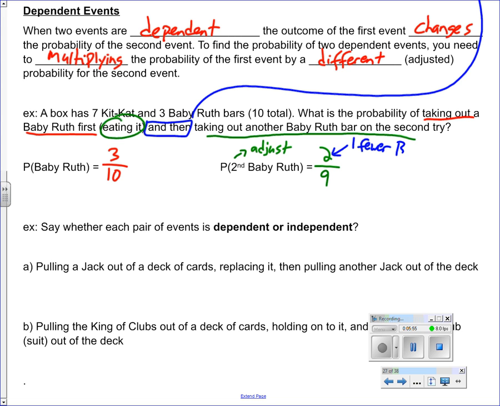There's 1 fewer Baby Ruth, and we have to adjust the bottom because there's 1 fewer in the total. But since it's and then, we're still going to be multiplying, so it's still going to be 3 over 10 times 2 over 9, which will give us 6 over 90. Again, we can reduce that to 1 over 15.